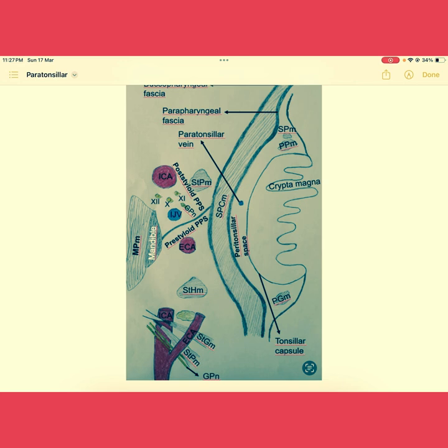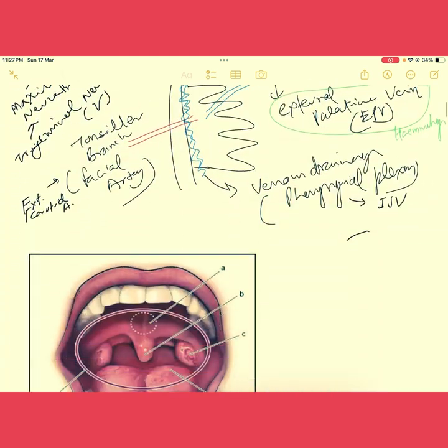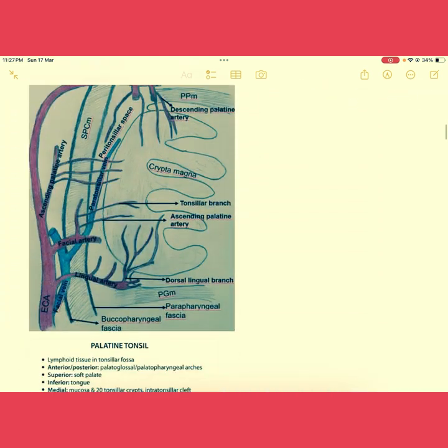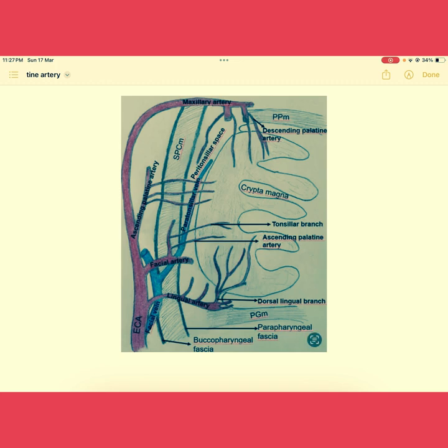At the lower end of the palatine tonsil, there is the lingual artery, which is shown in the next picture. This picture shows the lingual artery at the lower end of the palatine tonsil, the parapharyngeal fossa and buccopharyngeal fossa, and this is a branch of the external carotid artery.